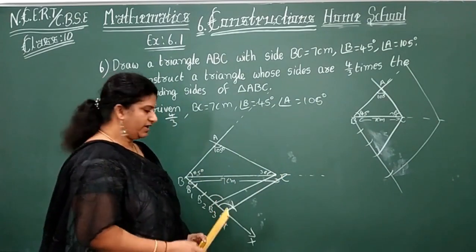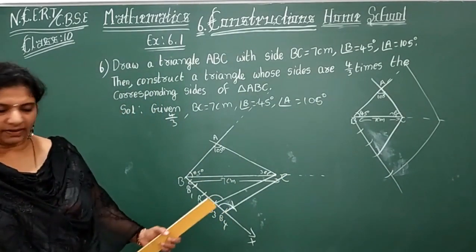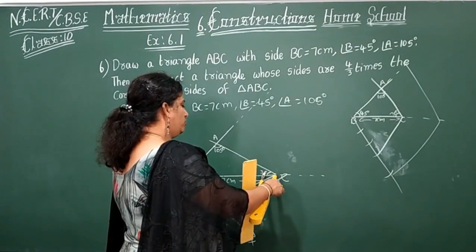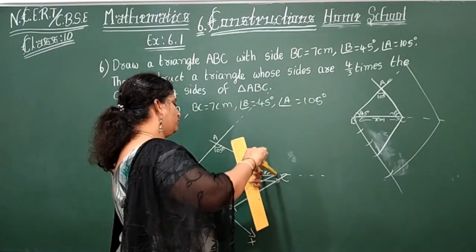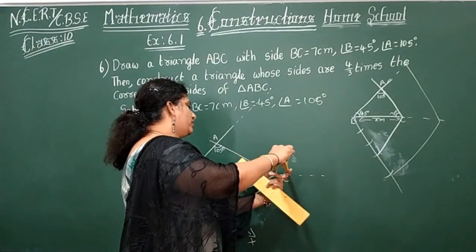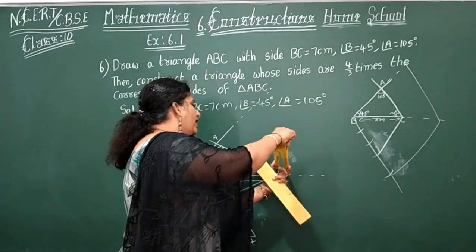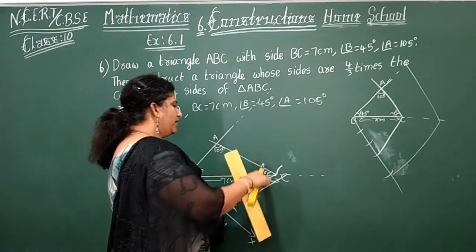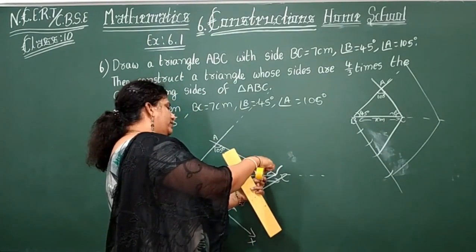Okay. So now again same pattern. There is no change. So do an arc. Then again from this point do an arc. Same way you should do, children. Okay. Now measure this.